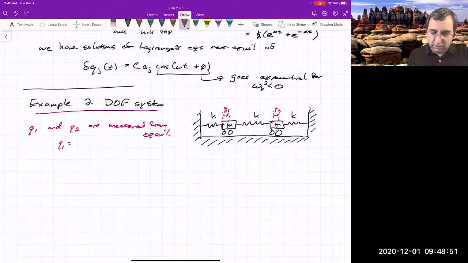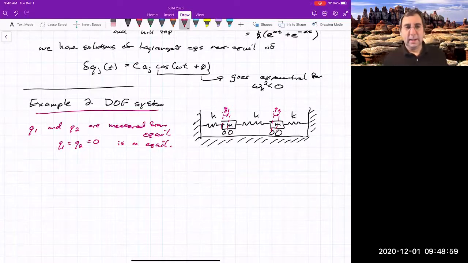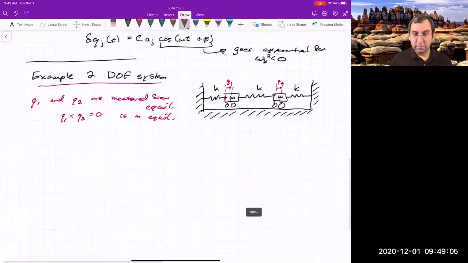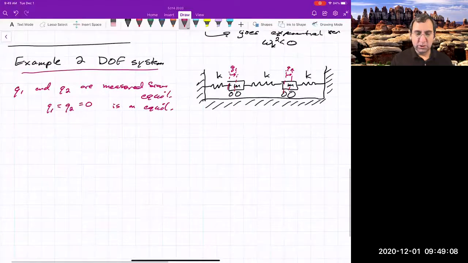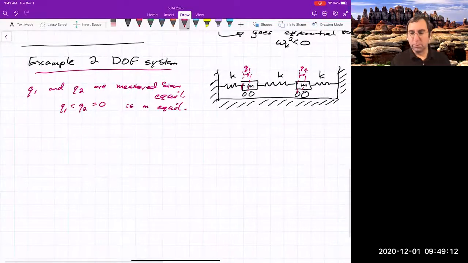So Q1 equals Q2 equals 0 is an equilibrium of the system. Because we've got these two Q's, this has 2 degrees of freedom, 2 generalized coordinates, and therefore it must also have 2 normal modes. So we want to find out what those normal modes are.